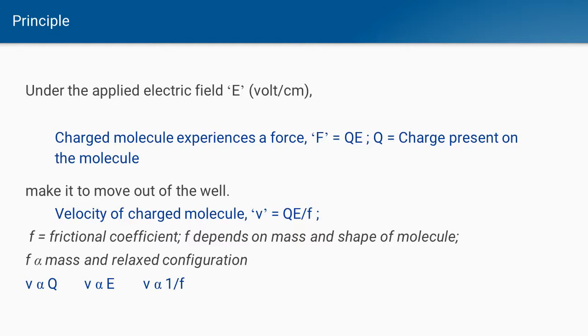If the molecule has a relaxed configuration, then it will take time to move through the gel pores, and if it is in a compact or more condensed form, or globular form in case of proteins, then it will migrate faster through the gel. So all these things together determine the velocity: the charge, the electric voltage that we are applying, and the frictional coefficient.